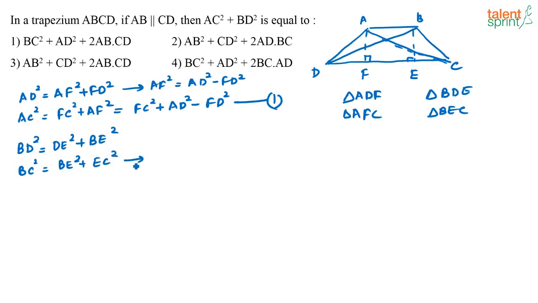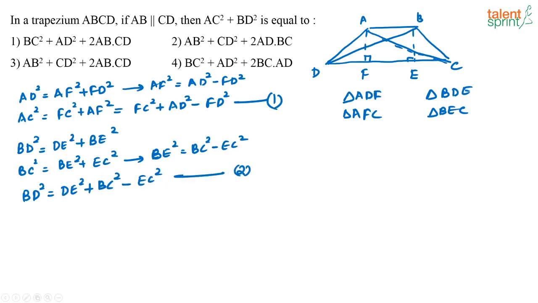Or from this one, BE squared is equal to BC squared minus EC squared. So I can say BD squared is equal to DE squared plus BC squared minus EC squared. So these are the two equations that I have now. Now, what do you do?